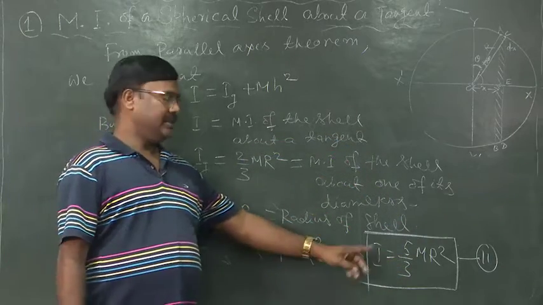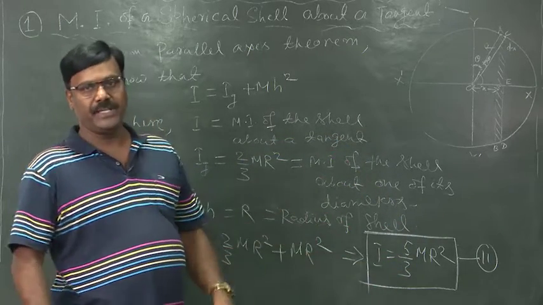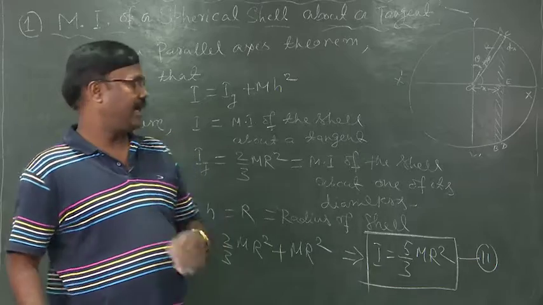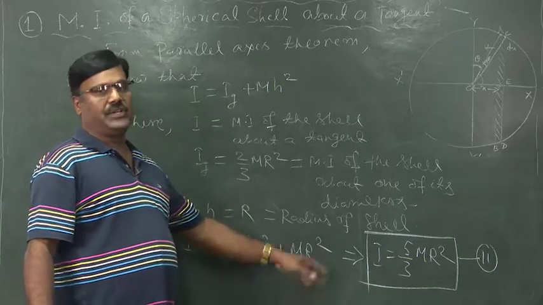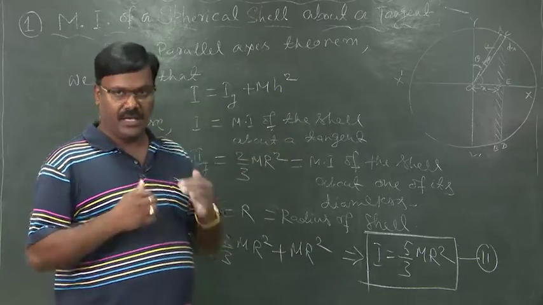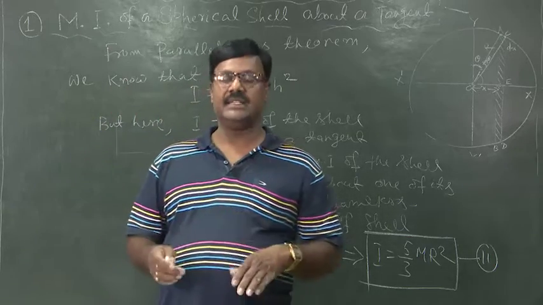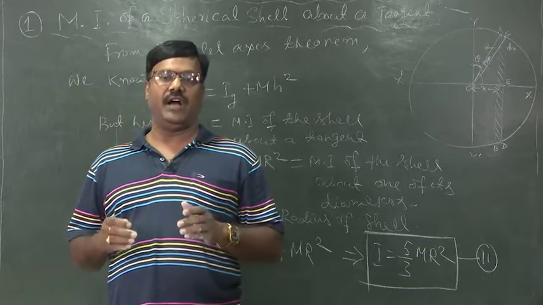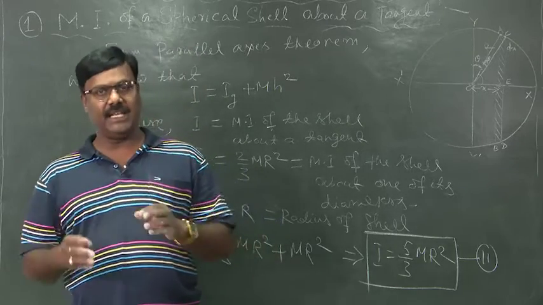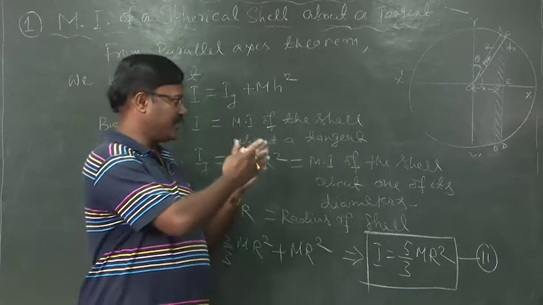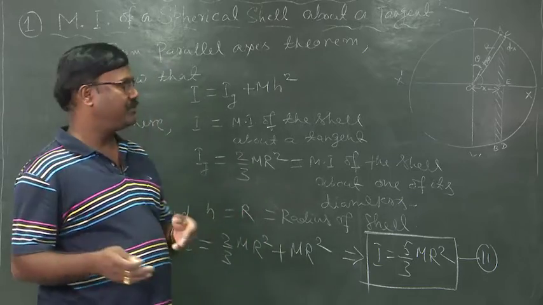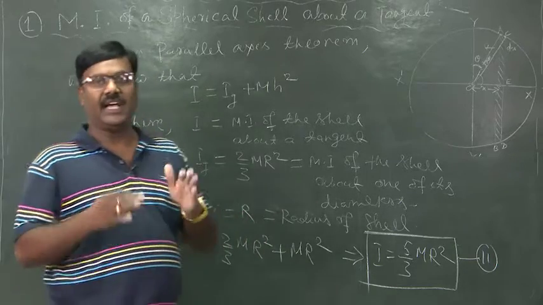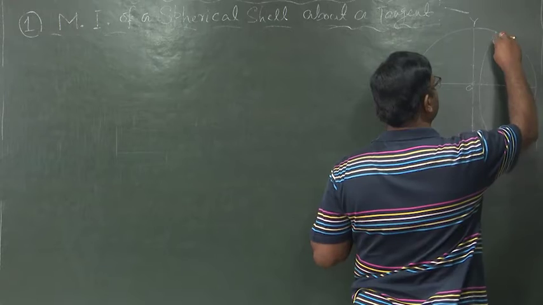This is the expression for the moment of inertia of a spherical shell about a tangent. Here we finished the calculation of the moment of inertia of a spherical shell about one of its diameters and about a tangent.